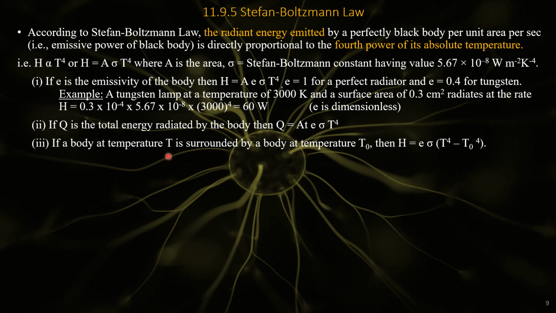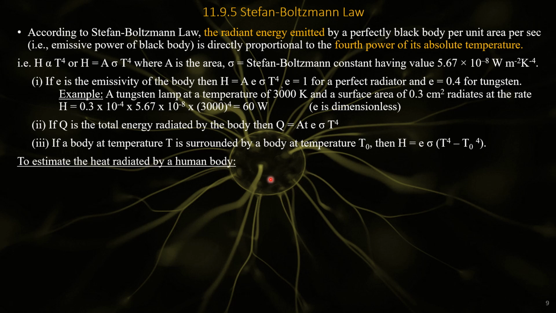If a body at temperature T is surrounded by a body at temperature T0, that is, if we are considering the temperature of the surrounding, then there is a temperature difference of T minus T0. Then H is given by H is equal to e into sigma into T to the power of 4 minus T0 to the power of 4. This is yet another form of Stefan Boltzmann's law considering the surrounding temperature.